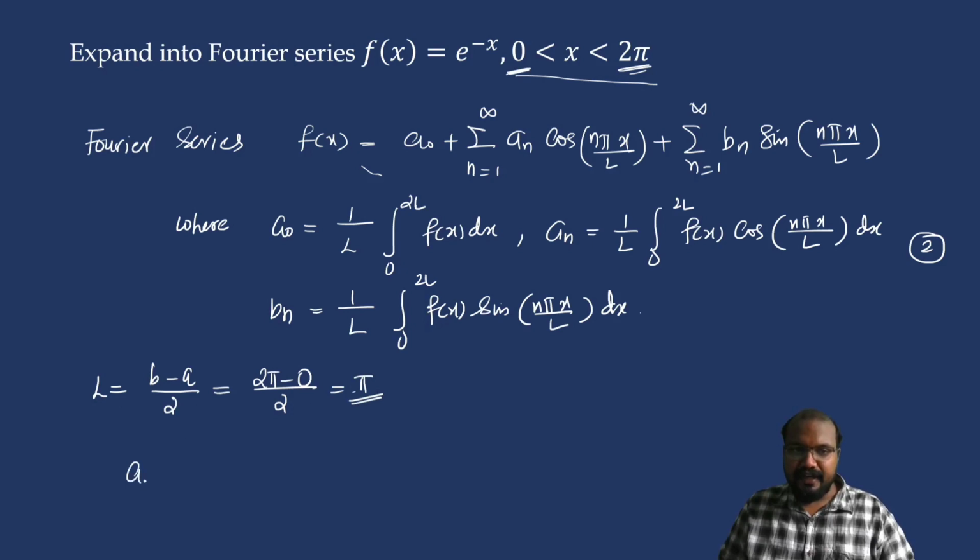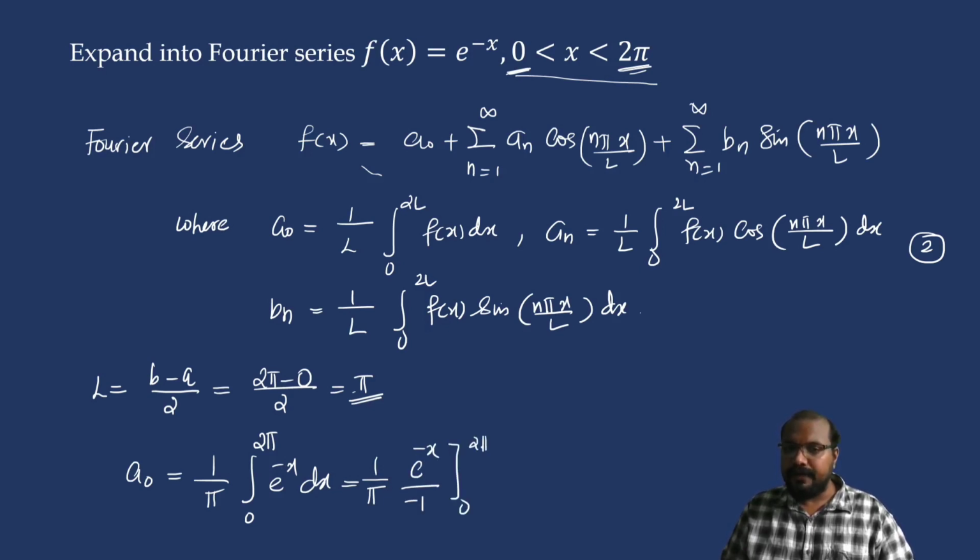So, we can find a naught is equal to 1 by pi integral 0 to 2l. Here 2l is 2 pi, isn't it? f of x is e raised to minus x dx. Now this is equal to 1 by pi, integrating e raised to minus x, you will get e raised to minus x by minus 1 from 0 to 2 pi. We can apply its limits: 1 by pi [e raised to minus 2 pi by minus 1 minus e raised to minus 0 by minus 1].